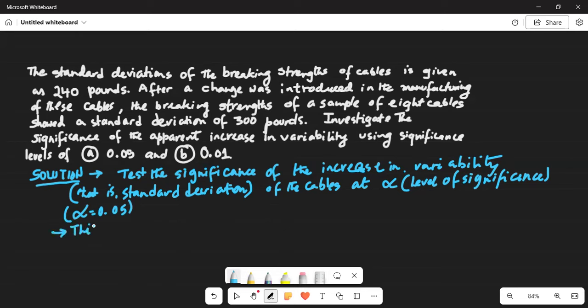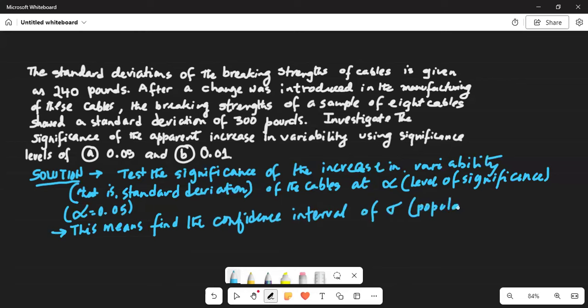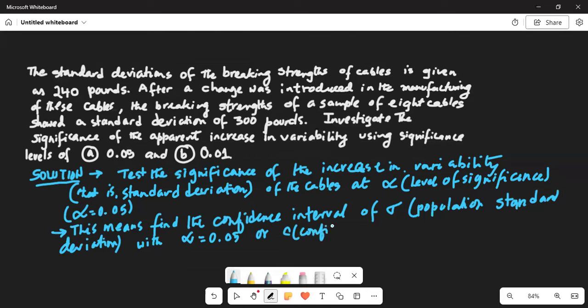This means find the confidence interval of sigma, the population standard deviation, with alpha equal to 0.05, or C, the confidence level, equal to 1 minus alpha, which is 1 minus 0.05, which is 0.95.